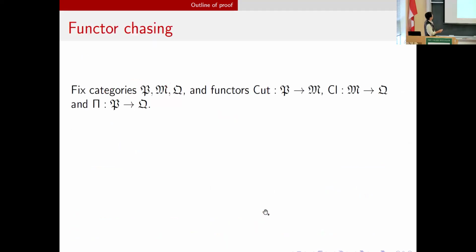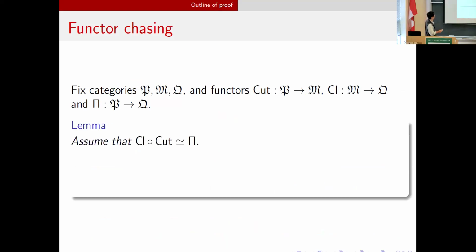And now, as the final step, we can also say this in more general categories, but we will restrict to our case. There is a functor chasing lemma. Let's say P, M, Q are categories, and there are functors from P to M, M to Q, and P to Q, like before.